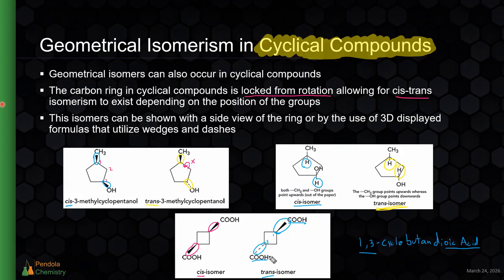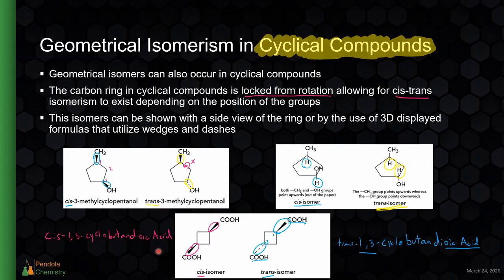Now, for the blue one, because one carboxylic acid is going down, the other one's going up, this will be trans 1,3 cyclobutandioic acid. And then for the one with the pink here, this will be cis 1,3 cyclobutandioic acid, because we'll have both of the carboxylic acids coming out towards the same side.